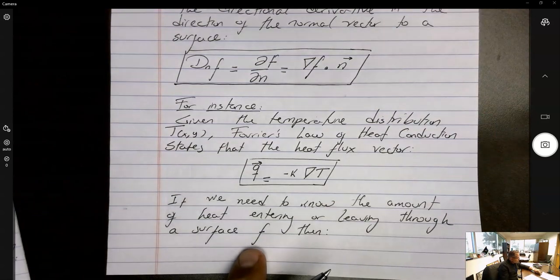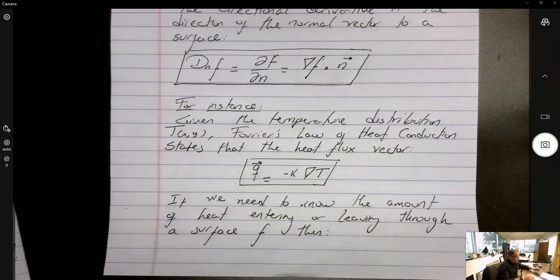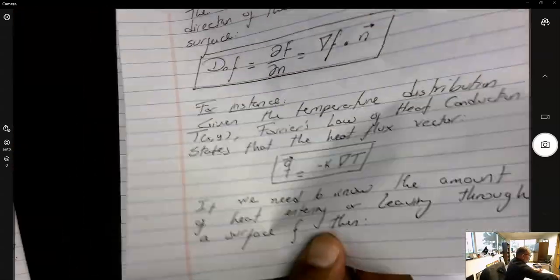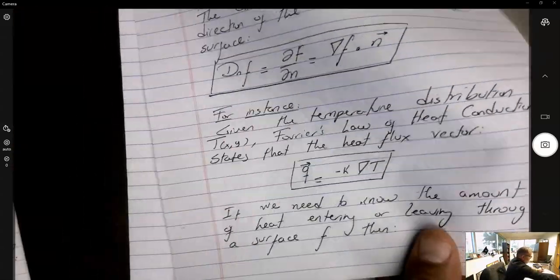In this case, the surface is defined by F. So this is what's going to happen.